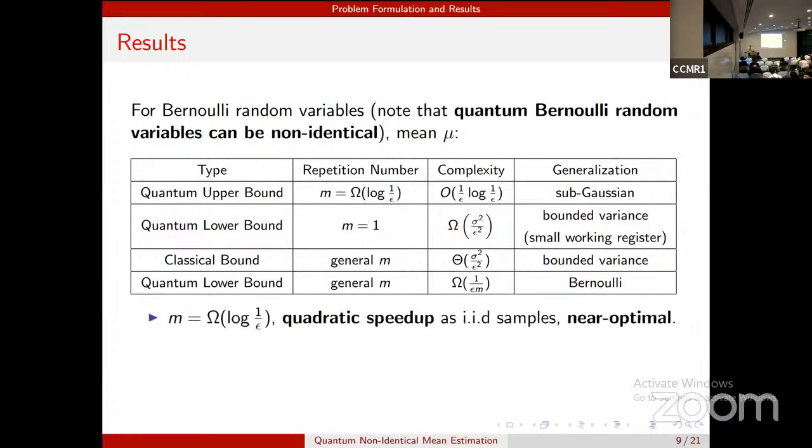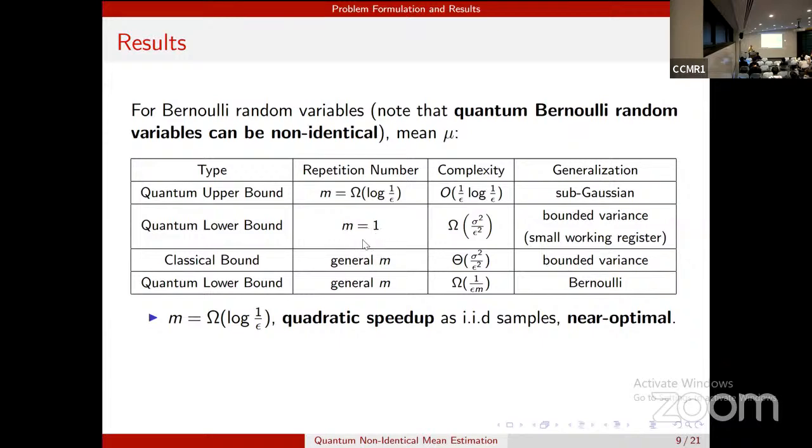So in this case, we achieve a quadratic speedup. It is just as in the i.i.d. case, and it is near optimal up to some log factors. And this result can also be generalized to the sub-Gaussian case. We only have to replace all these ones here with the sub-Gaussian parameter k.